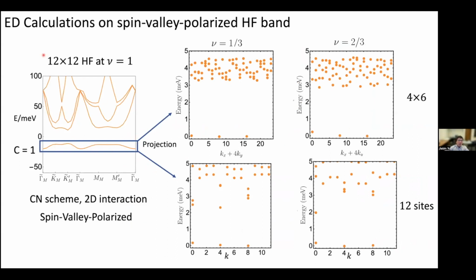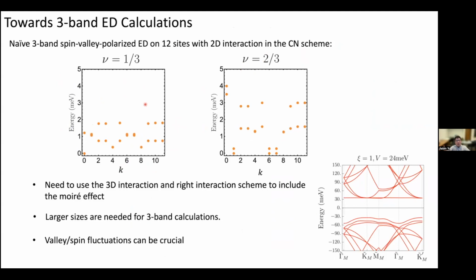If we just project to the lowest Hartree-Fock band, we will see FCI everywhere. But experimentally, we know FCI is not that stable. So we need to sort out the way to do the 3-band ED to make a more precise prediction for the trend. Currently, I don't have a very precise one. Yeah, thanks. No problem.